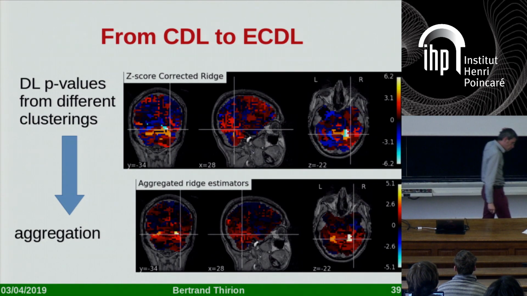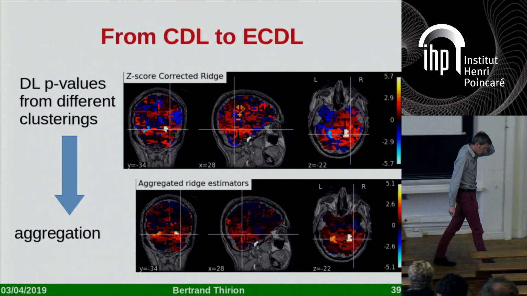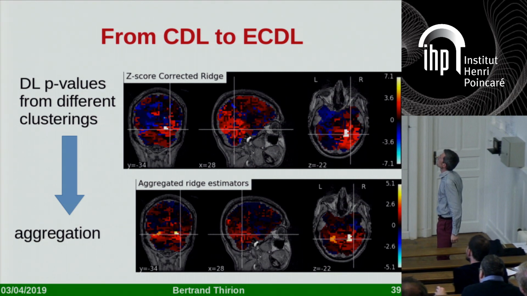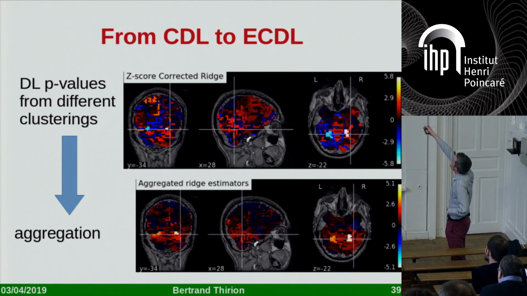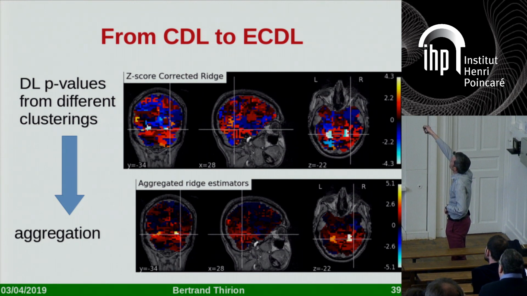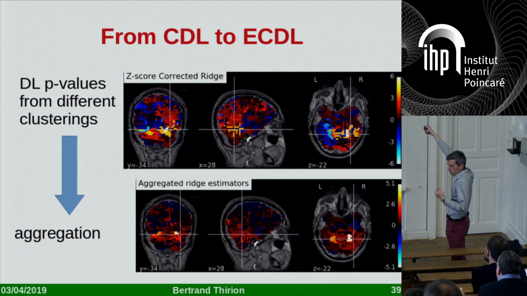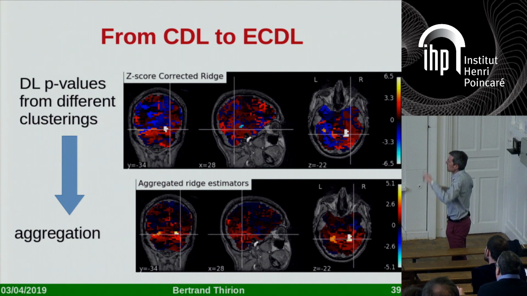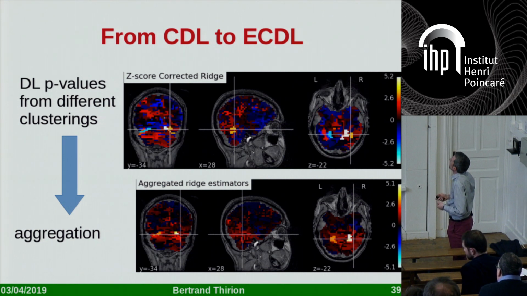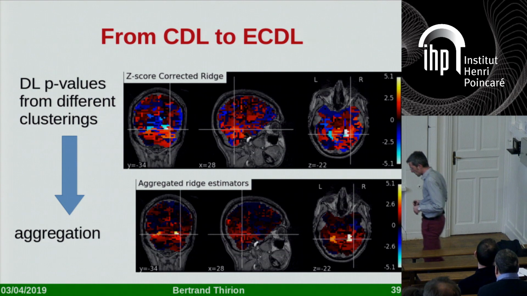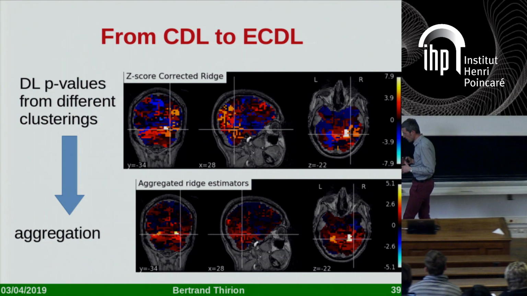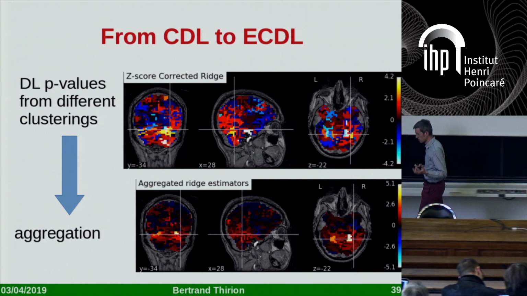When you do that on your data, this is an experiment in which we want to discriminate whether the subject is viewing a face or a place image. So these are different solutions of clustered Desparsified Lasso. When I represent the weight maps in a z-scale, so normalized as a Gaussian variable, you see some hotspots coming, but depending on the clustering chosen for your model, you see that there is a huge jitter in the solution.